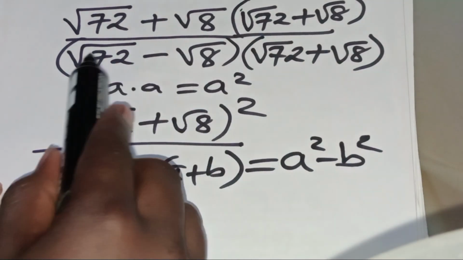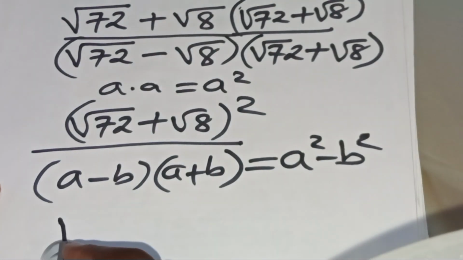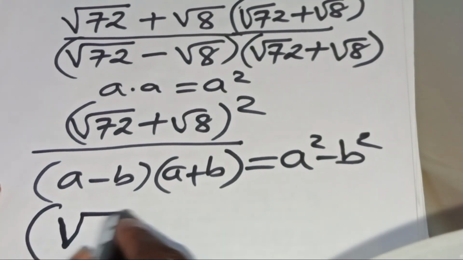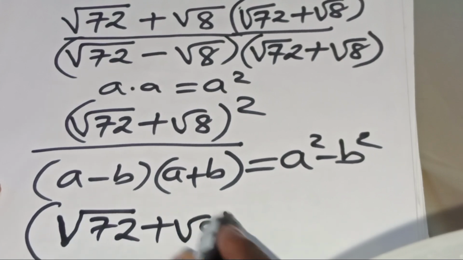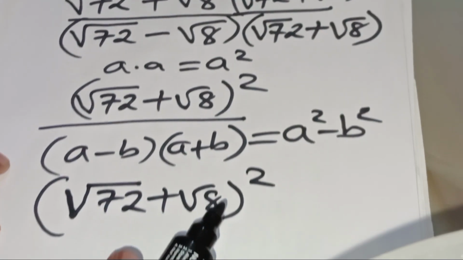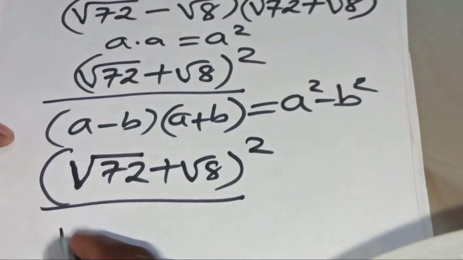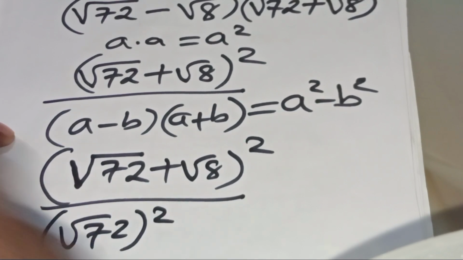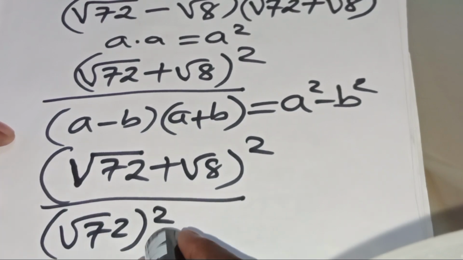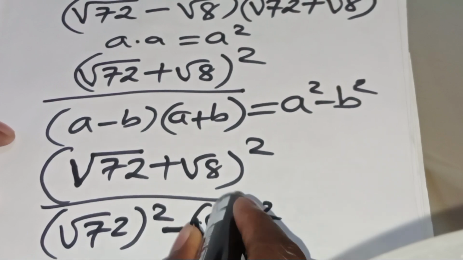So this is square root of 72 plus square root of 8, squared, divided by square root of 72 squared, subtract square root of 8 squared.